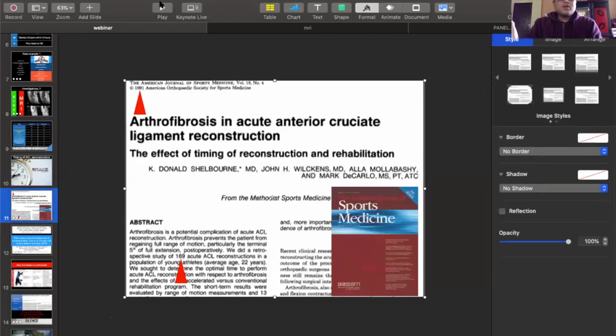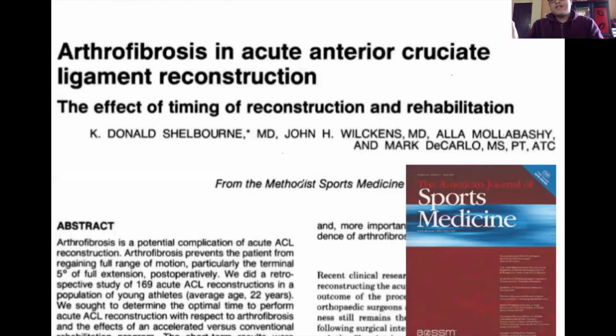So all this concept of delayed surgery has come from the fear of the condition called arthrofibrosis. And it has been shown by the paper by Shelbourne that arthrofibrosis is very common if the knee is intervened very early.